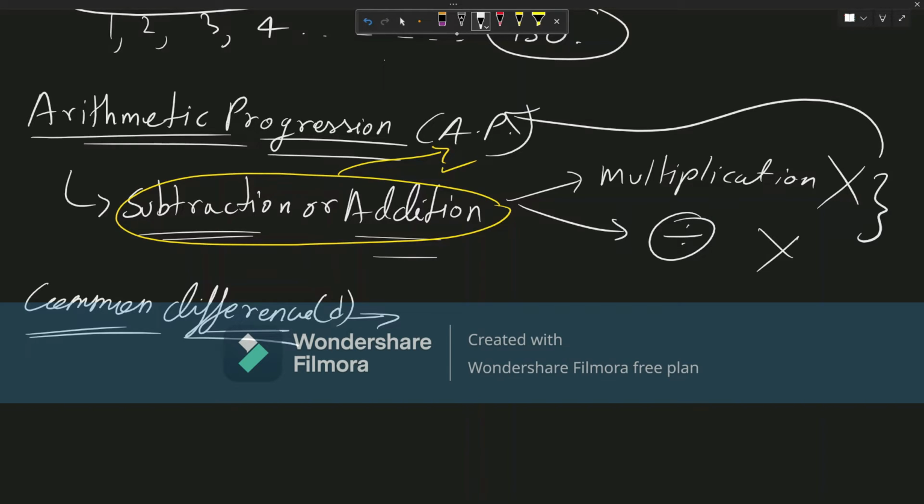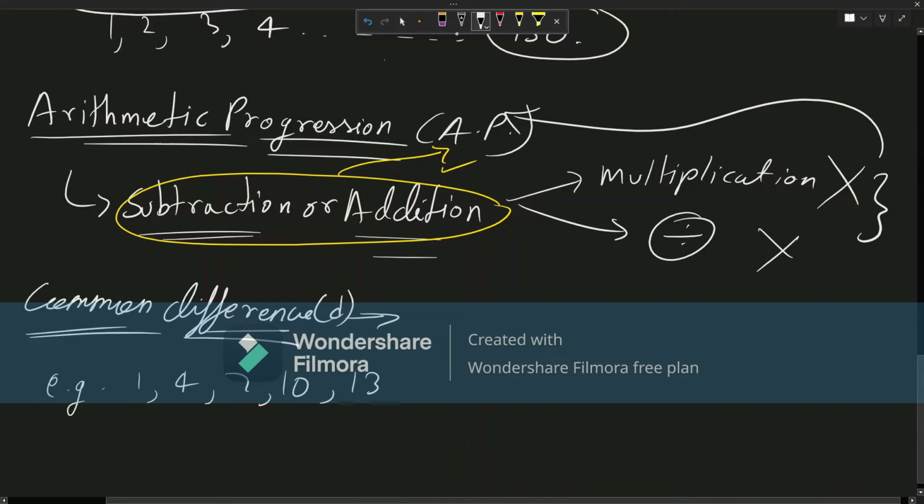And how to find common difference? So I will give you an example. Suppose I have given you the series 1, 4, 7, 10, 13, and so on. Now, what is the common difference here? Common difference is nothing but the difference between these two, the subtraction of these two, right?